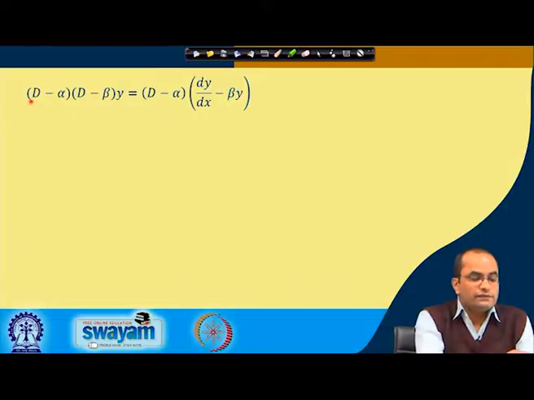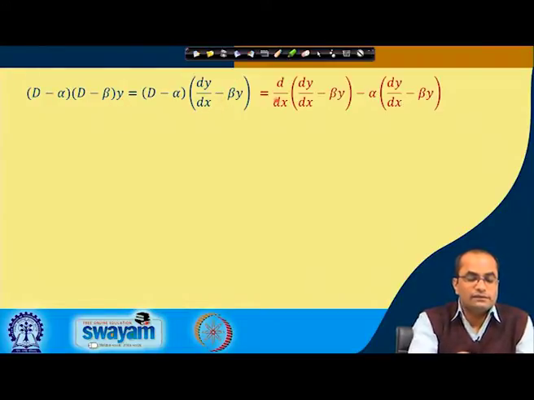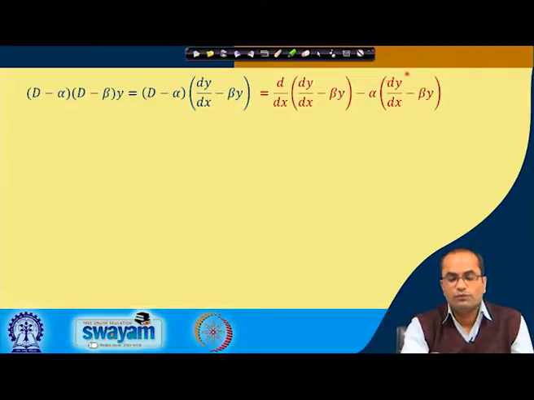So, let us consider the left hand side, D minus alpha and D minus beta into y. First we operate D minus beta, meaning the derivative of y with respect to x minus beta times y. Then we operate D minus alpha on this, meaning the derivative is applied, and minus alpha is also operated, but on the constant nothing will happen.